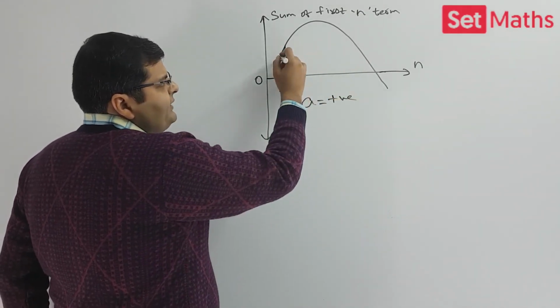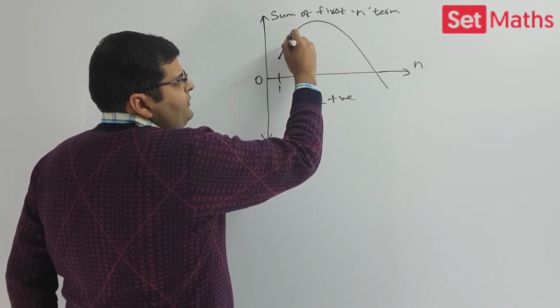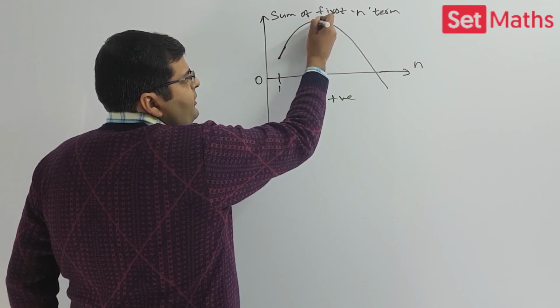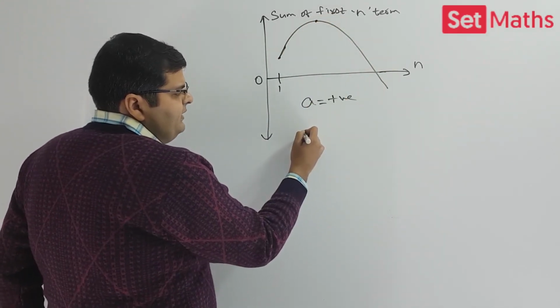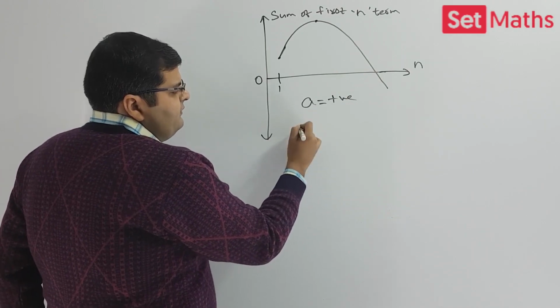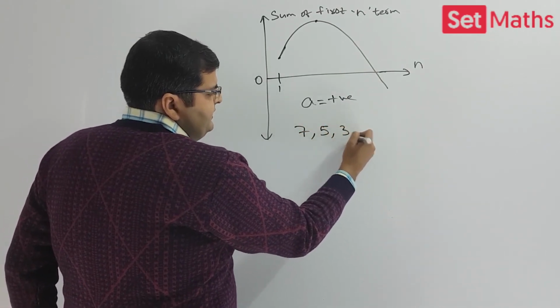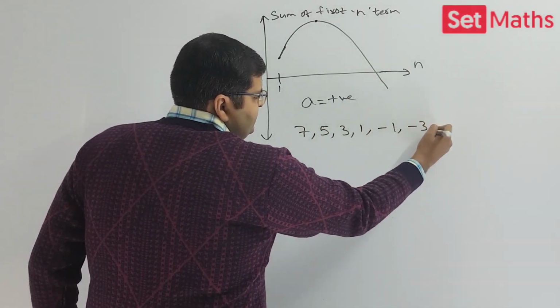Now if I keep increasing n, that means more terms are being added, and the sum is increasing. But after a certain point, the sum starts to decrease. For example, take an arithmetic progression starting from 7, then 5, then 3, then 1, then minus 1, minus 3, and so on.